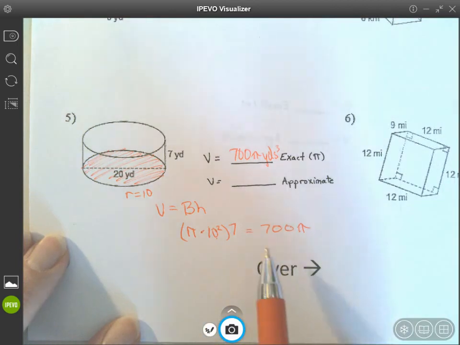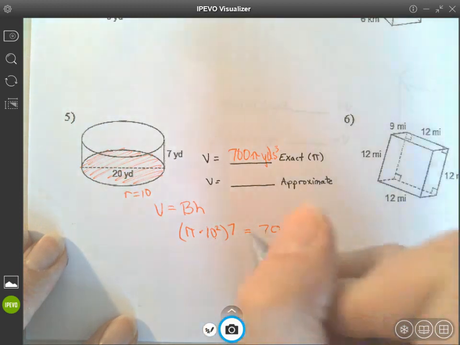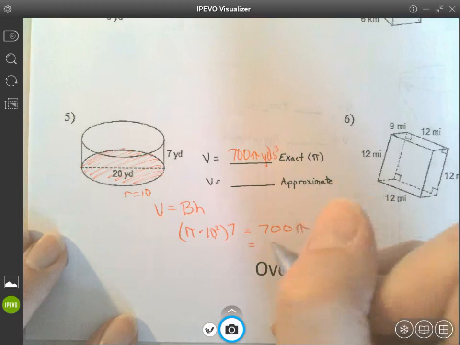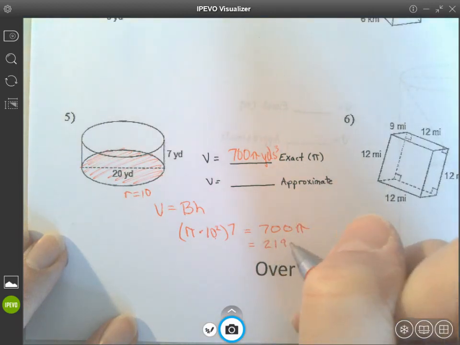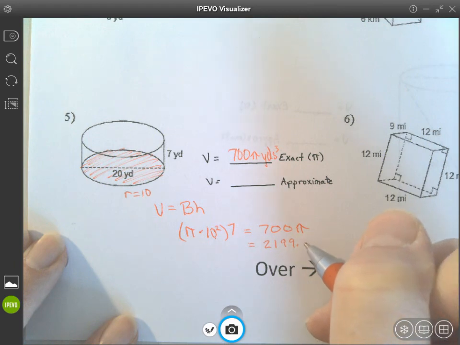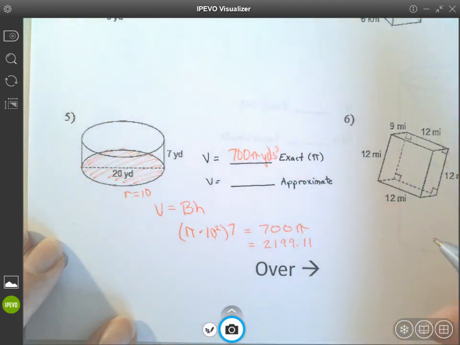The approximate, type 700 pi in the calculator, and it says round to the nearest hundredth in the directions. So what would it be? 2,199.11. Does anybody agree with that? Yeah. The decimal is 0.11?